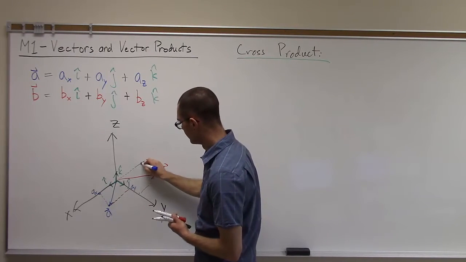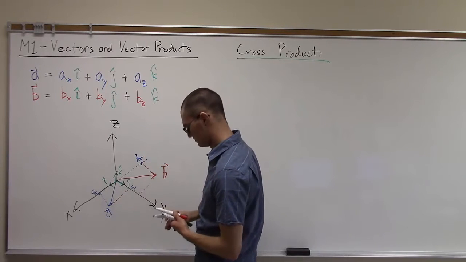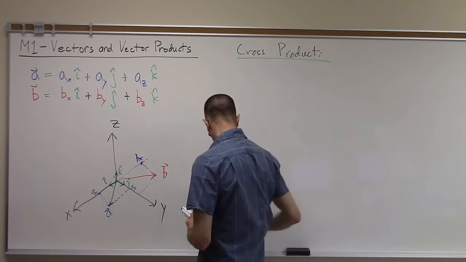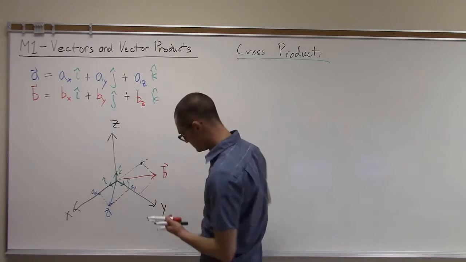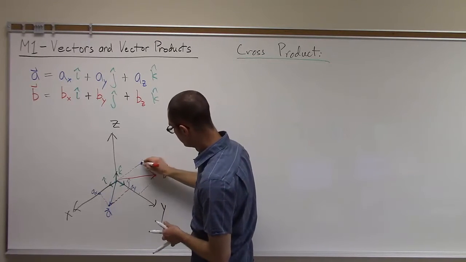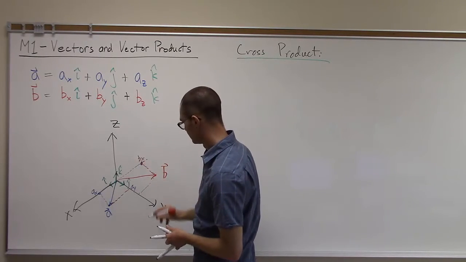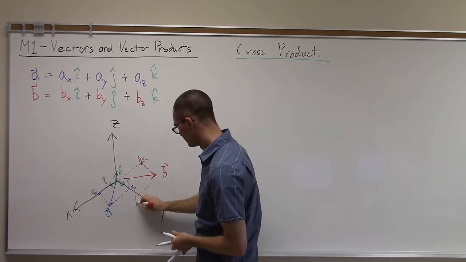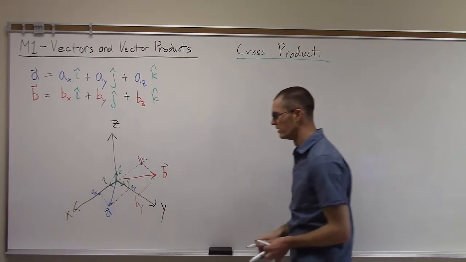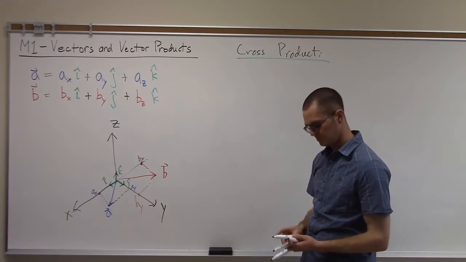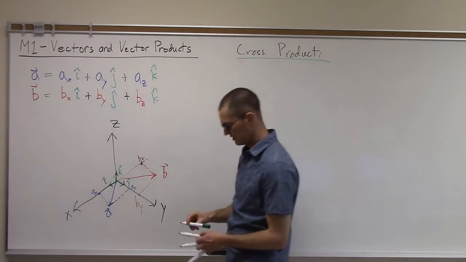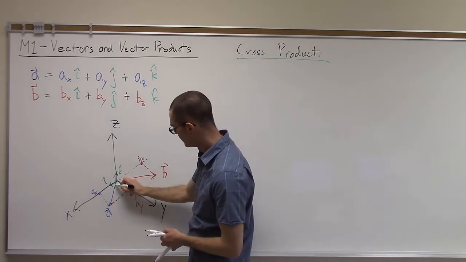So I have my bx, which is actually negative, and by here. So now I have these two vectors a and b, and there's an angle between them here.